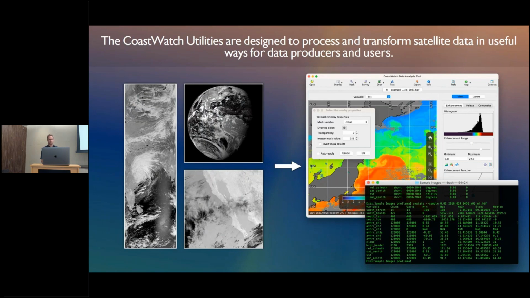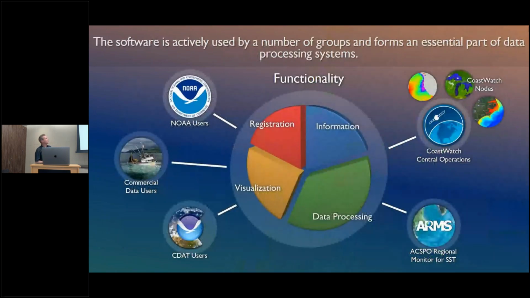And so you might ask who uses the software. We have a number of user groups. So by lines of code, actually, I checked this a little while ago. The functionality is weighted a lot towards data processing and mapping to projections, or registration, as we call it.